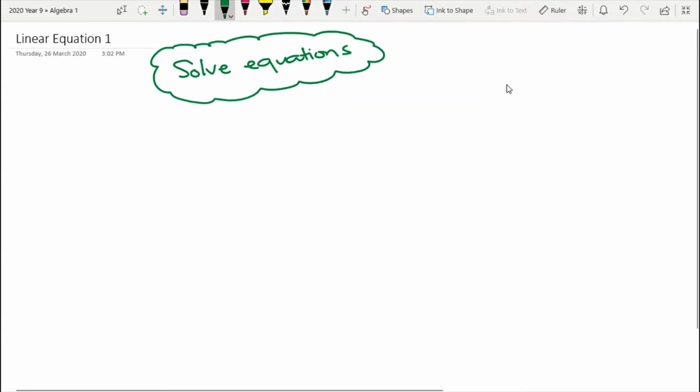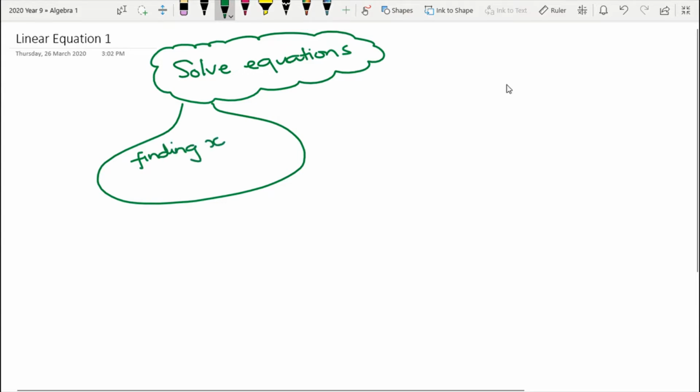Solve means you are solving for a mystery, literally finding X, which is our unknown here, finding the unknowns, which is X. Usually we call X the unknown.